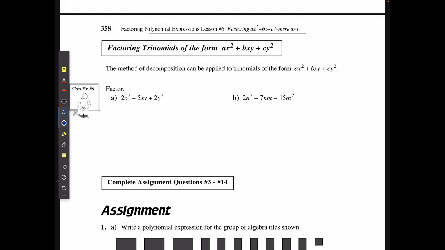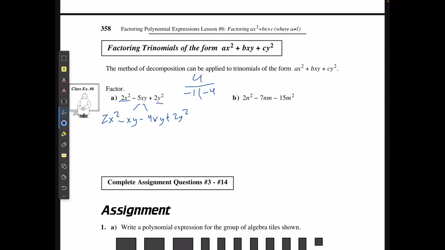So I multiply the first term and the last term, and I get 4. Two factors of 4 that add up to negative 5 are negative 1 and negative 4. I'm going to split up my middle term, and I'm going to get 2x squared minus 1xy minus 4xy plus 2y squared.